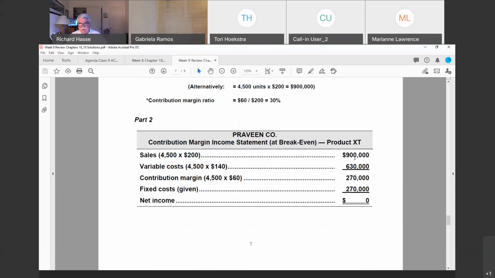And also Gabriella told us about that 900,000 in her analysis. We know our variable costs are $140 a unit times 4,500. That's $630,000. That's our contribution margin, $270,000, 4,500 units times $60 a unit. We know that our fixed costs are $270,000, and thus our net income is zero.